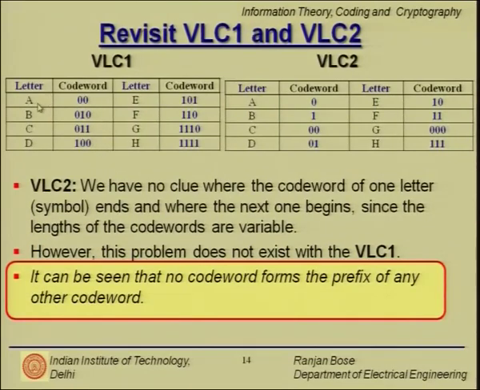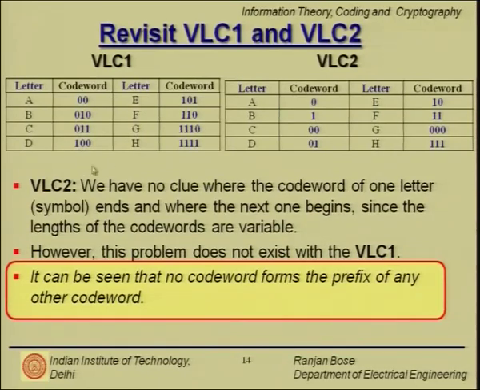For example, if you consider A, it is 00. You can go through the entire list, no code word begins with 00. If you look at 010 for B, no code word starts with that. This means that no code word is a prefix of any other code word.